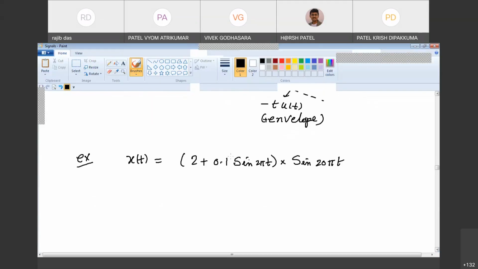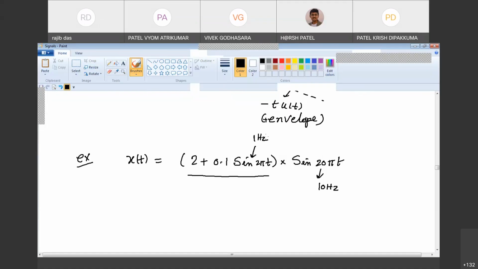Now the first component I can draw separately, then I can multiply this one. This is the higher frequency, its frequency is 10 hertz, and this frequency is only 1 hertz.